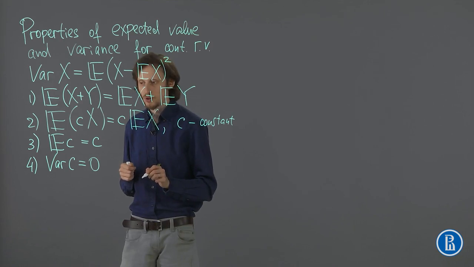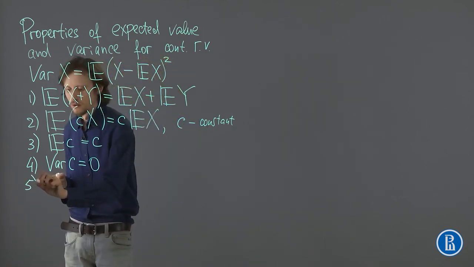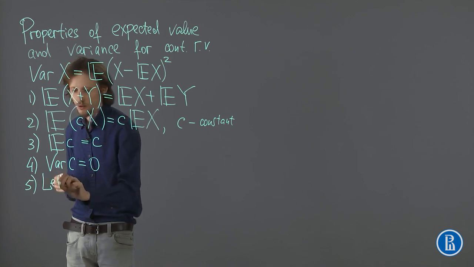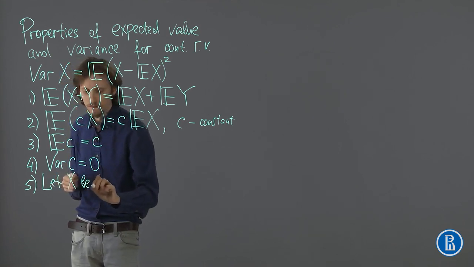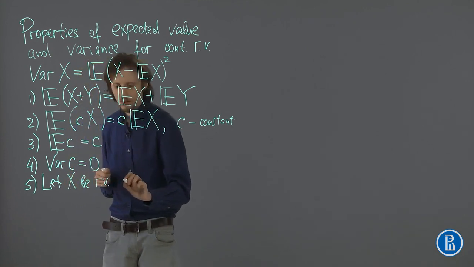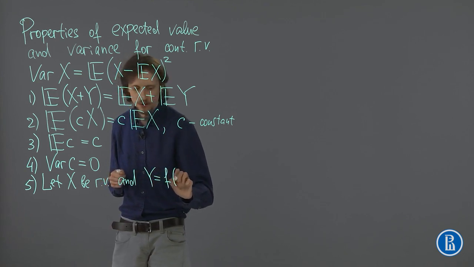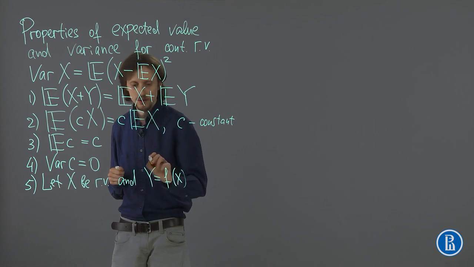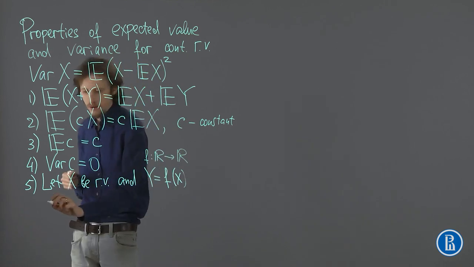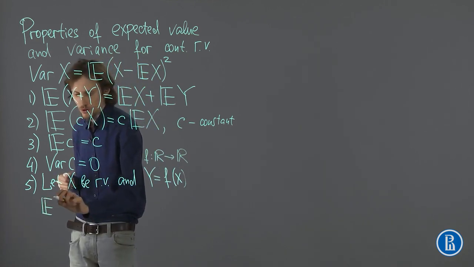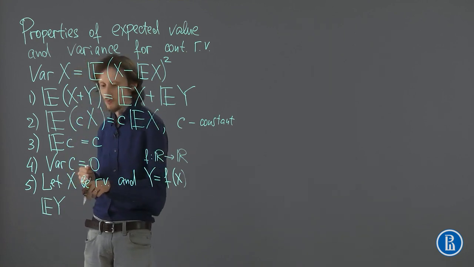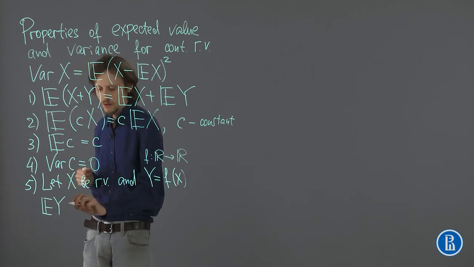It is useful to discuss how to find expected value of a random variable that is a function of another random variable. Let X be a random variable and Y is f of X. Here f is some function from real numbers to real numbers. Then we can find expected value of Y in terms of probability density function of X in the following way.